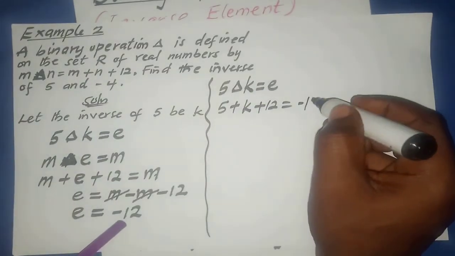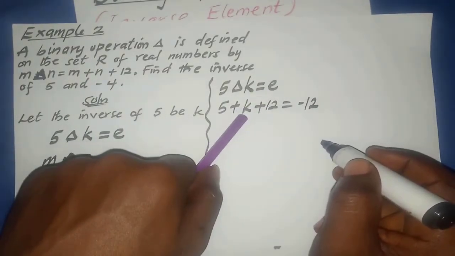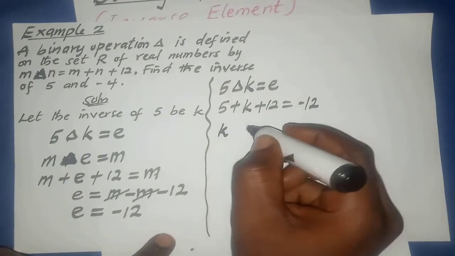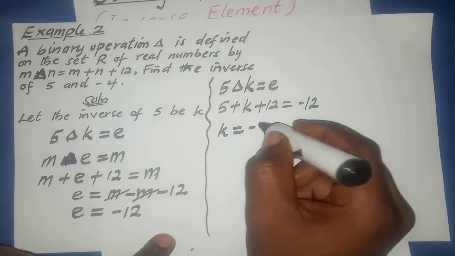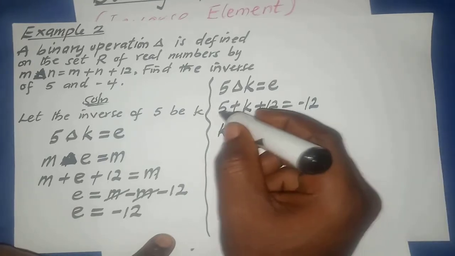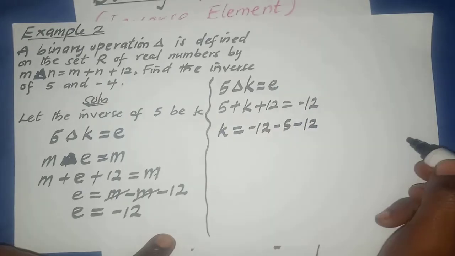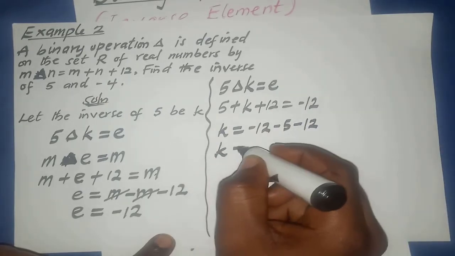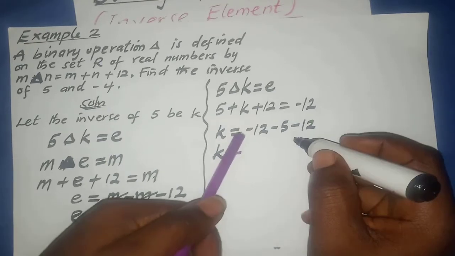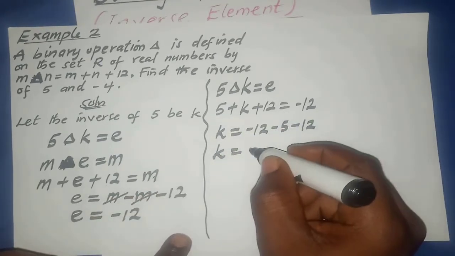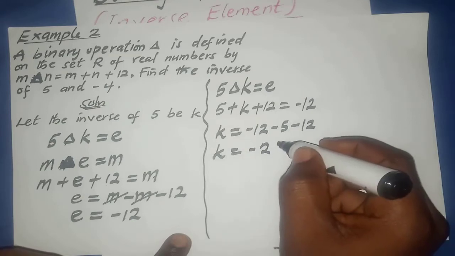Negative 12. Then you solve for the inverse, which is what? K. So K is equal to negative 12, minus 5, minus 12, which should give us negative 29.